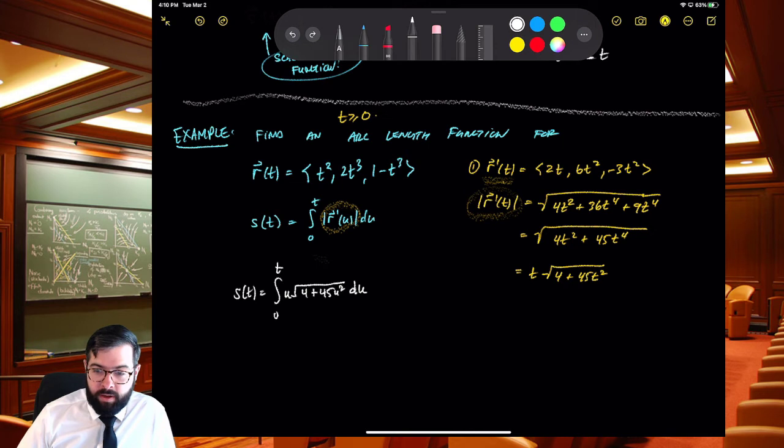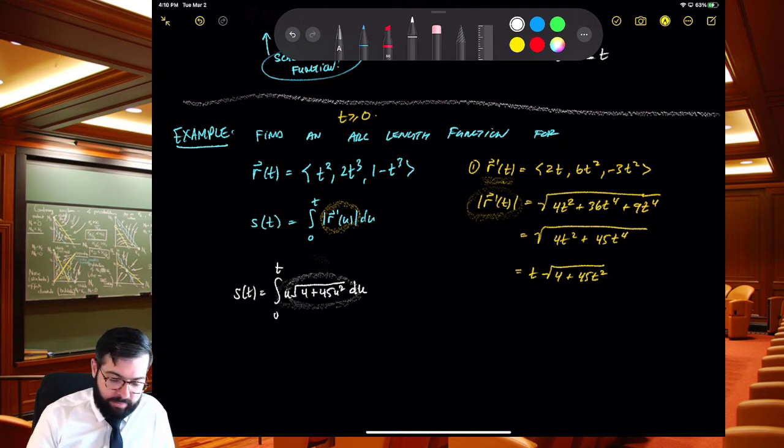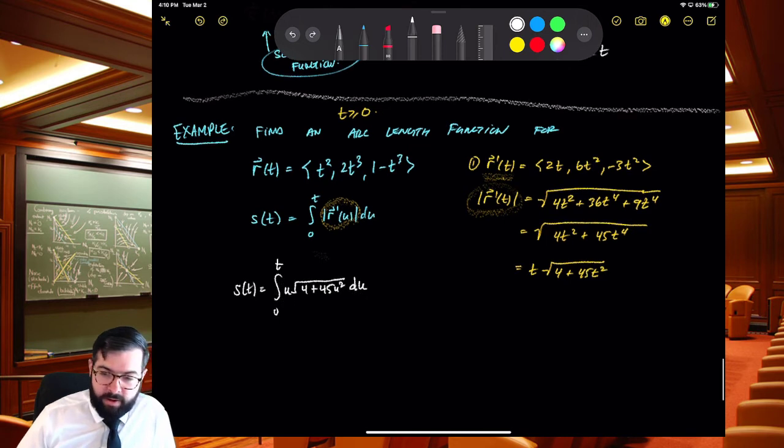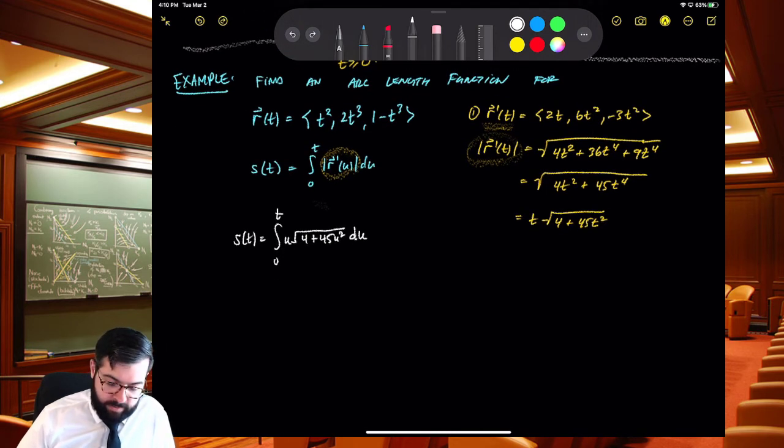Yep. Use the fundamental theorem, but integrating this function that we have, how do we do that? Well, we do a substitution.